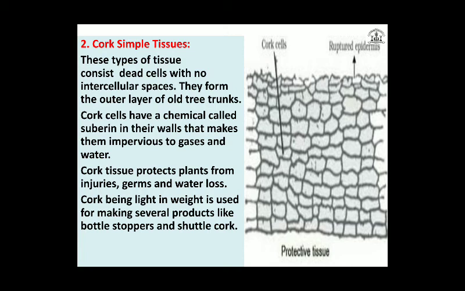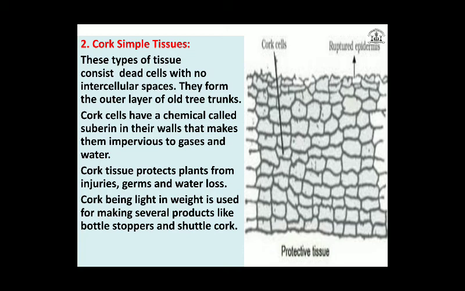Okay. So in olden trees like banyan trees, you could see the outer part you can almost just take it out. So the skin part you can just take it out. That skin part is formed by this cork simple tissue, the trunks.